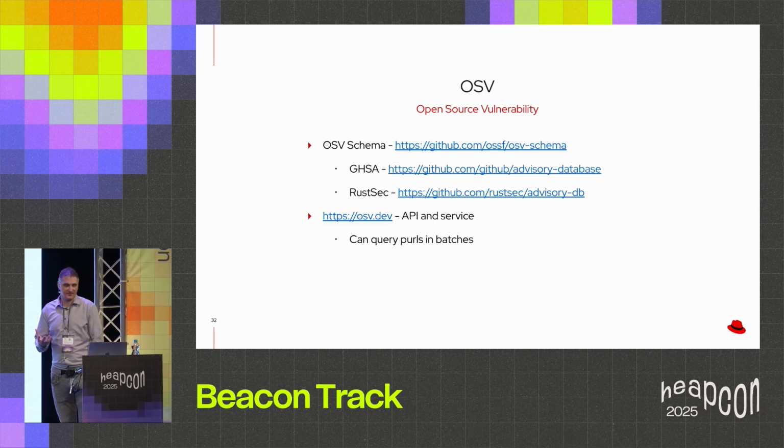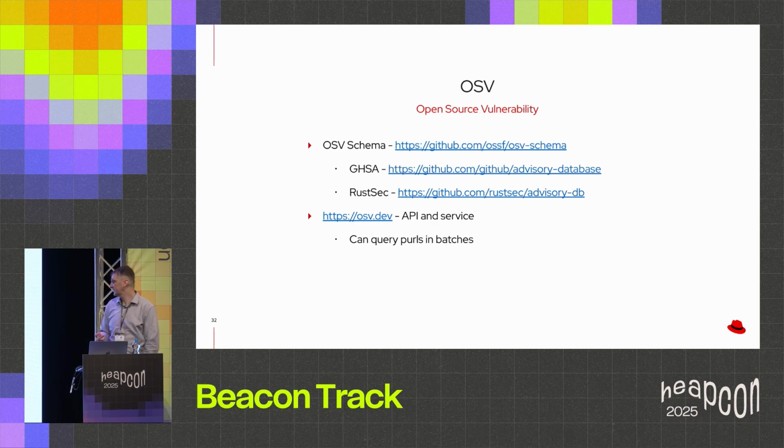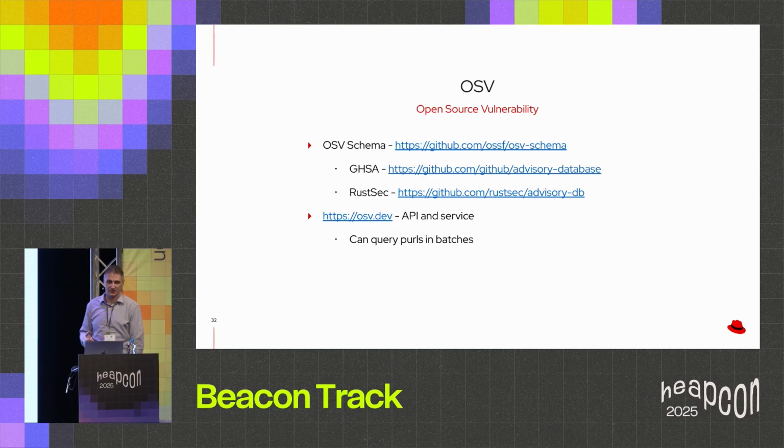What it basically gives us is a little more granularity. It accepted PURLs as a way to identify the components, so it's much easier to live with.